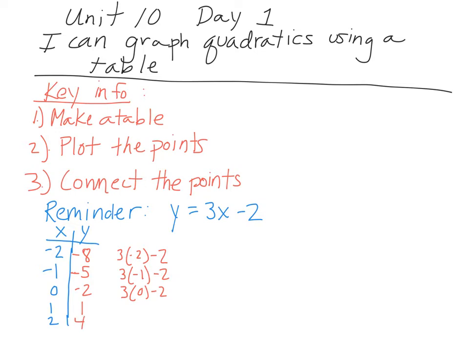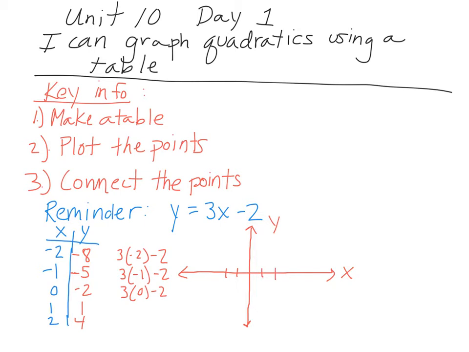Now remind yourself how we graph this. I know you have to make your own graph, and that is okay. Try to make it as straight as you can so it makes sense to you. This is the x-axis, this is the y-axis. Our x values are -2, -1, 0, 1, and 2.